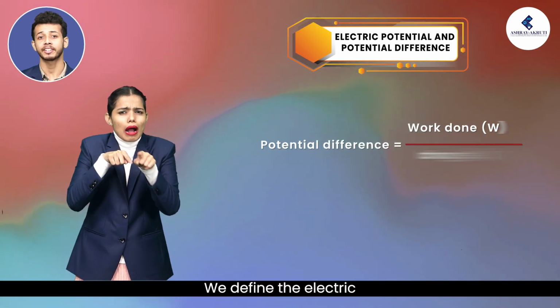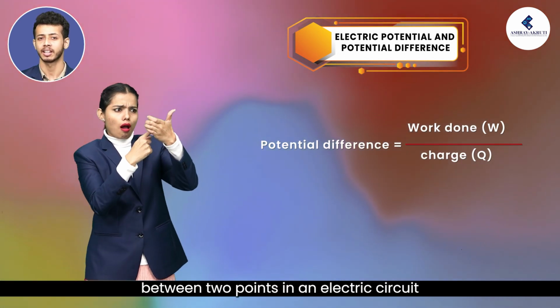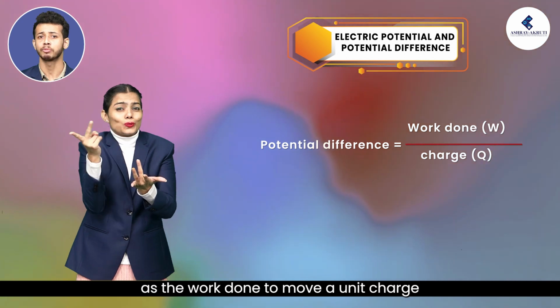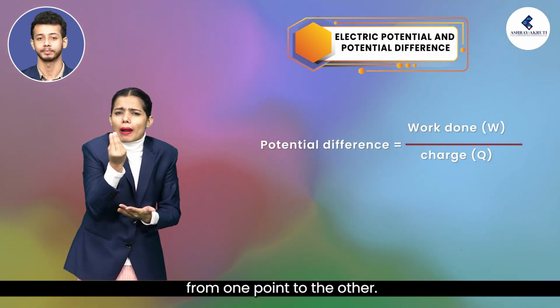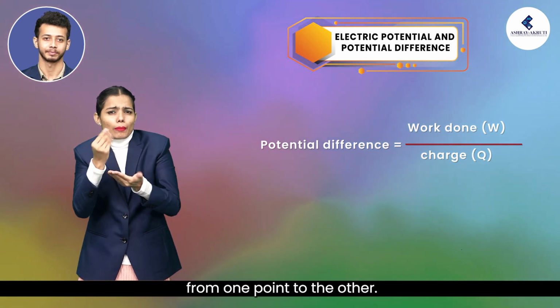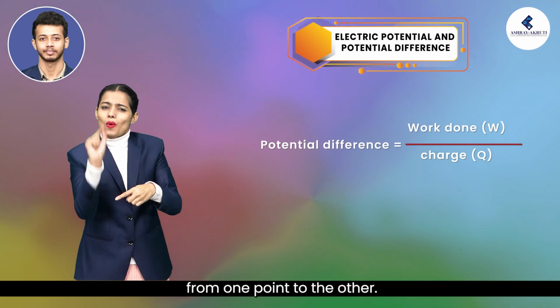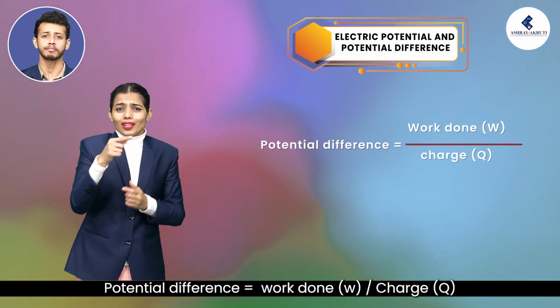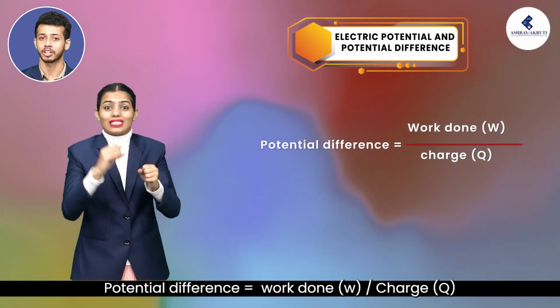We define electric potential difference between 2 points in an electric circuit carrying some current as the work done to move a unit charge from one point to the other. Potential difference equals work done divided by charge.